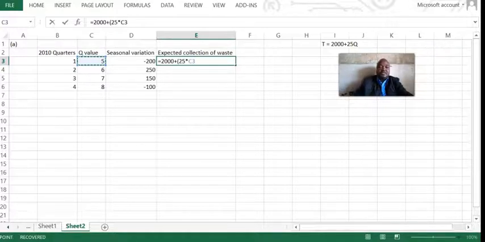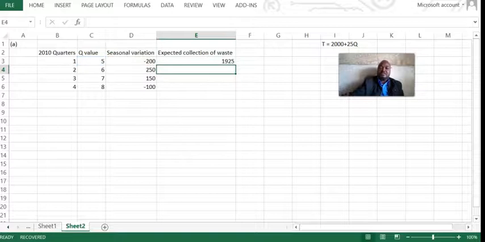Plus the seasonal variation, and the seasonal variation this time is minus 200 for this quarter, and just get our value.